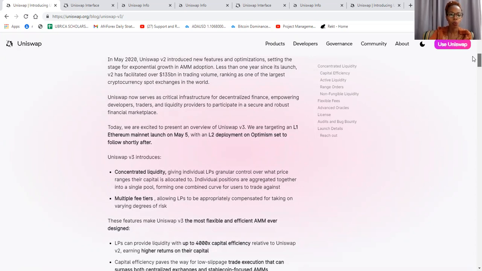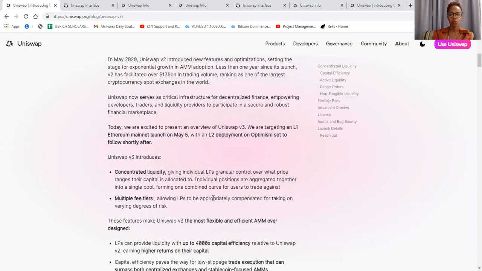We have what they call concentrated liquidity, and concentrated liquidity gives LPs, that is liquidity providers, control over what price ranges their capital is allocated to. What this means is, when we were providing liquidity in V2, the price range was between 0 and infinity.